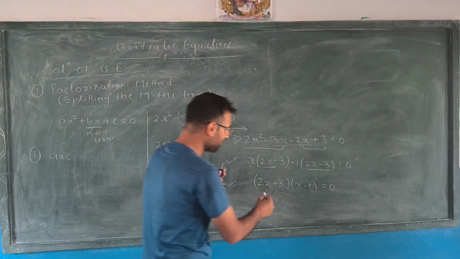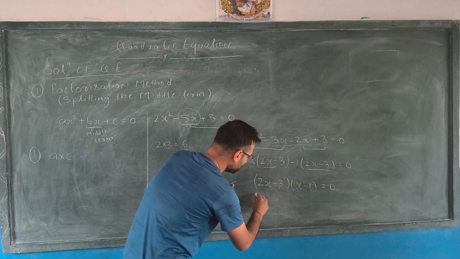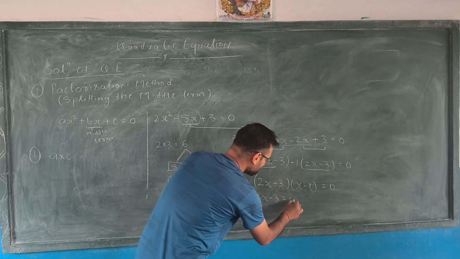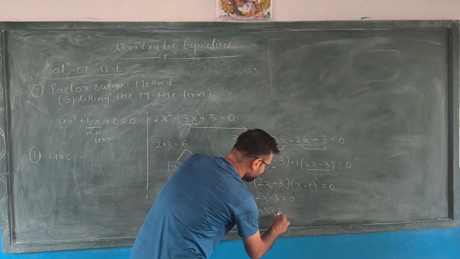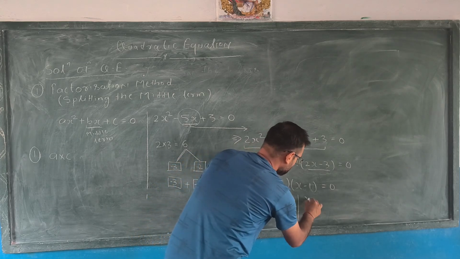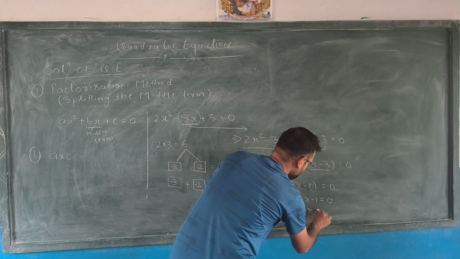Now equate each to 0 one by one. 2x minus 3 equal to 0 gives x equal to 3 by 2. Second, x minus 1 equal to 0 gives x equal to 1.